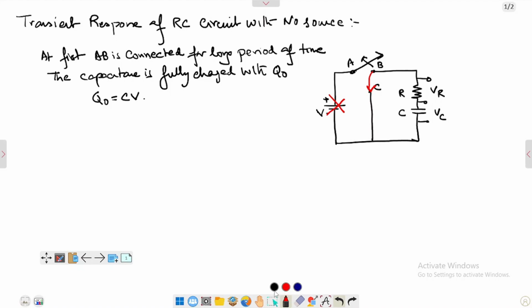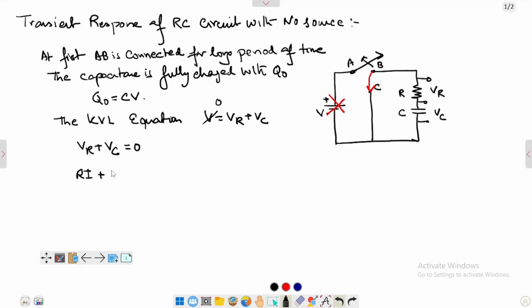Previously, when the voltage was there, the KVL equation looked like this, but as the voltage is not here, my V is not present. So my equation is now VR plus VC equal to 0, or R times I plus 1 by C integral of I dt equal to 0.